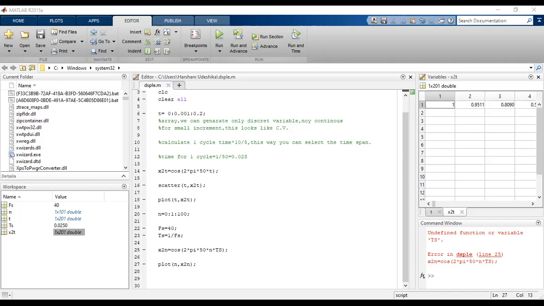If you need to mark only these points, you can use the scatter command. But normally for a discrete time signal, we also join the corresponding sample value with the corresponding amplitude value like this, sometimes using a line like this.